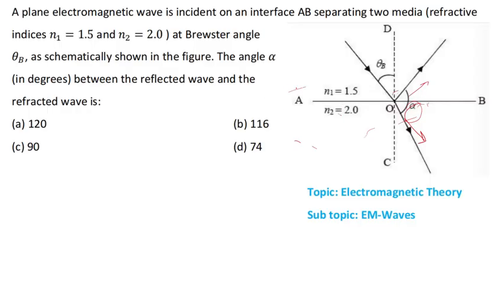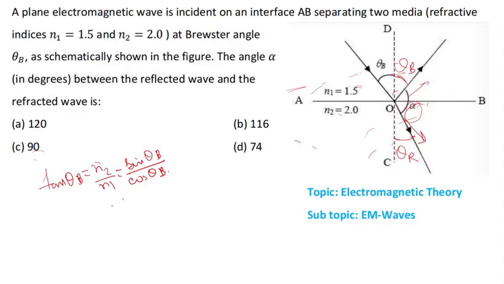We know that if the angle of incidence is theta b, then the angle of reflection is also theta b, and the angle of refraction we will take as theta r. So we can write tan theta b equal to n2 by n1, which can be written as sin theta b by cos theta b.